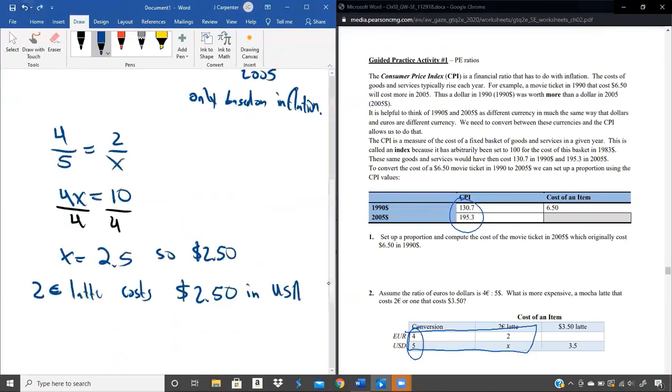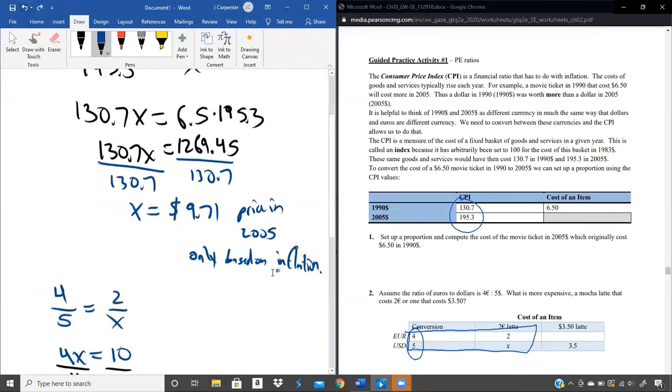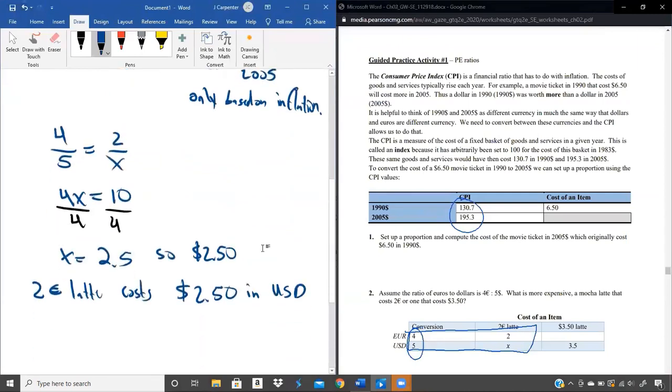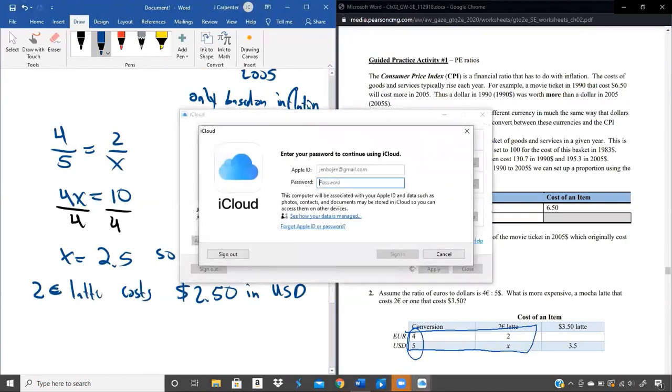The undo button's killing me right now. Quit scrolling back up. So it's not saying that if you just transported that latte to America, it cost $2.50. The American latte, the one you buy from the American shop, was $3.50. So the €2 latte costs $2.50 with American dollars. The one in America costs $3.50.